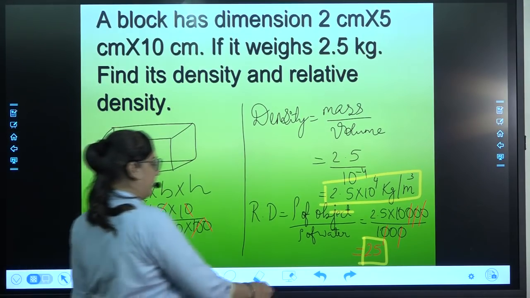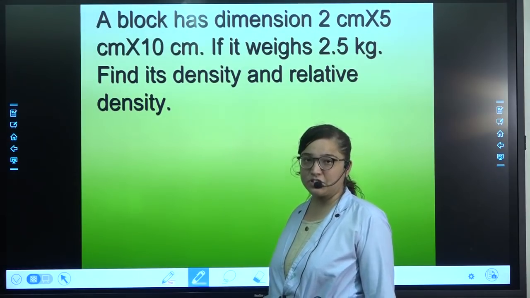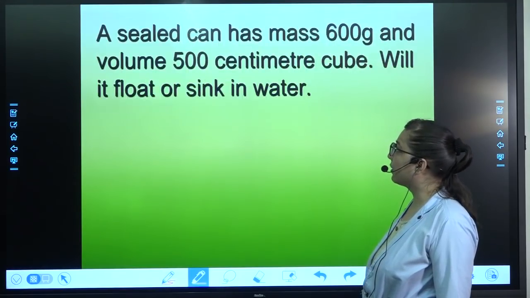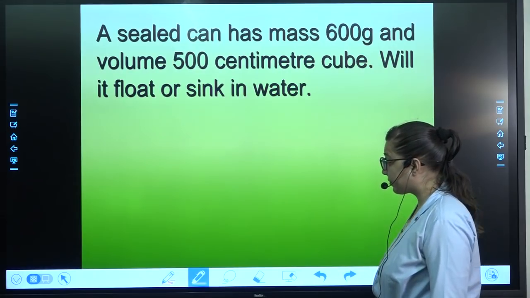So I hope you have noted the content. Now let's move further on the next type of numerical. Here it is, the next numerical.